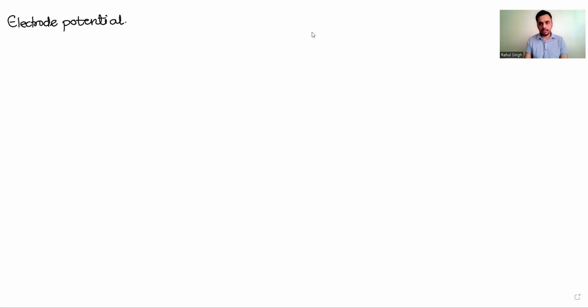Electrode potential is related to a power or a capacity, which is related to two types of electrodes we are familiar with: one is cathode and one is anode. In cathode and anode, there is a charge separation.